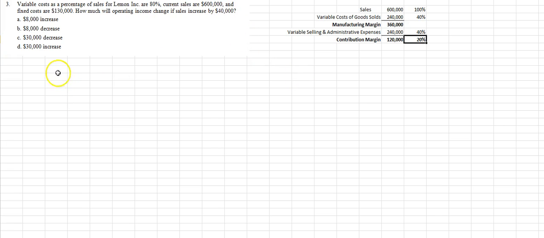So if you sell $40,000, you know that 80% of that is going to be variable costs, right? You're going to have a variable cost of 32,000, right?